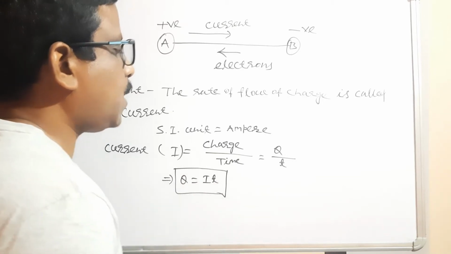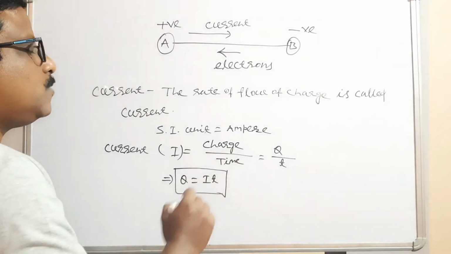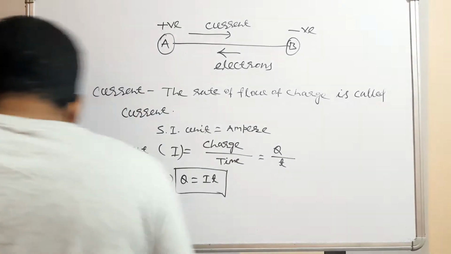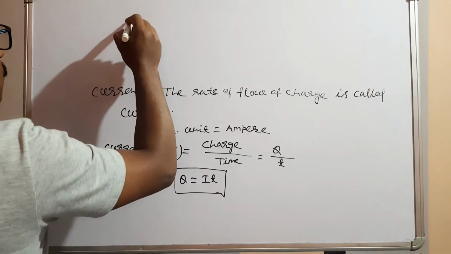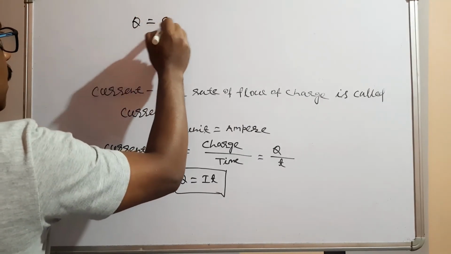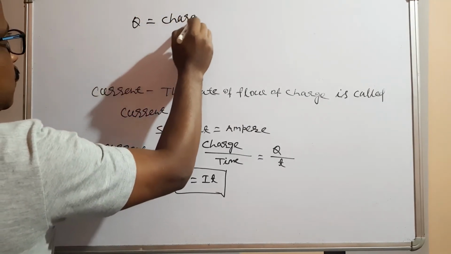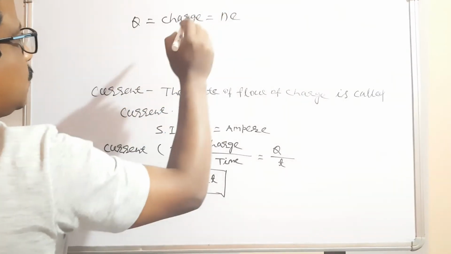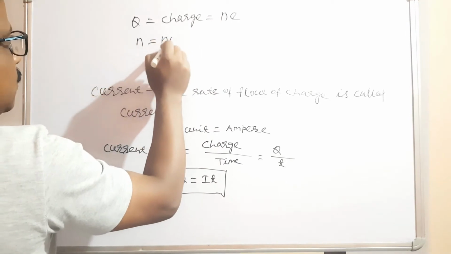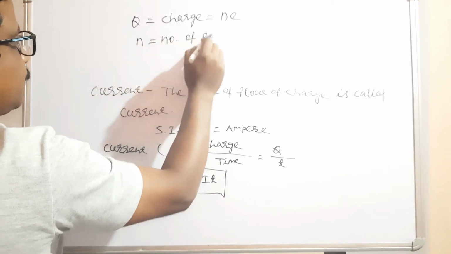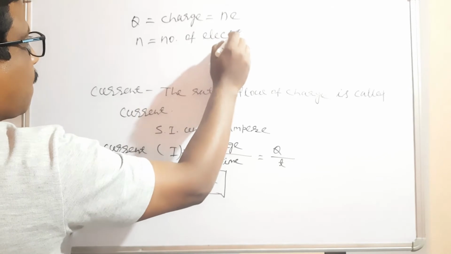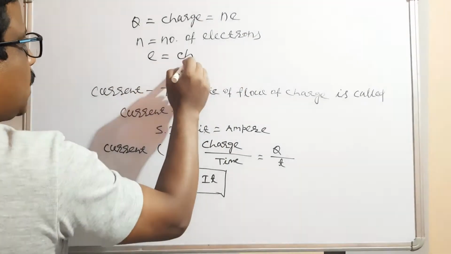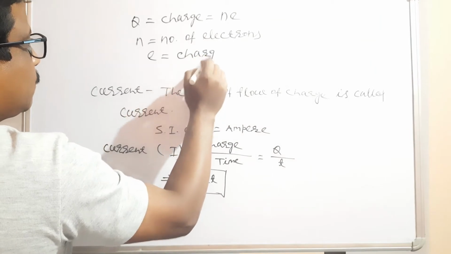Q is equal to IT, where Q is the charge, and it is equal to Ne, where N is the number of electrons and e is the charge of one electron.